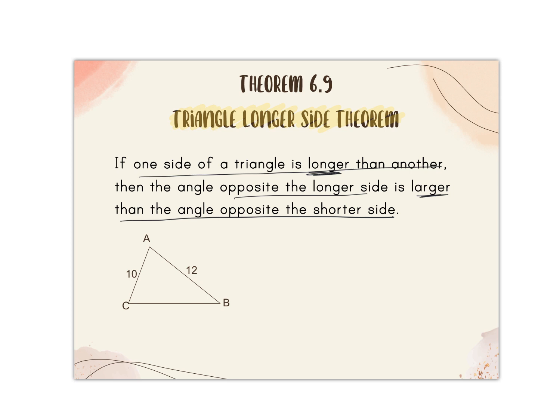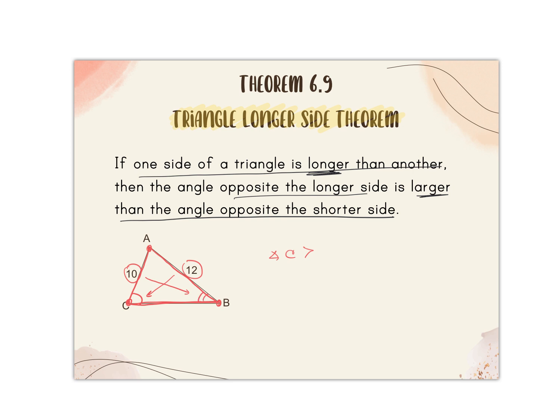What this is saying is if you look at this triangle, you have side AC here, which is 10 units long, and you have side AB, which is 12 units long. This theorem says that the angle that sits across from the longest side, angle C, is going to be greater than the angle opposite the shorter side, which is 10.